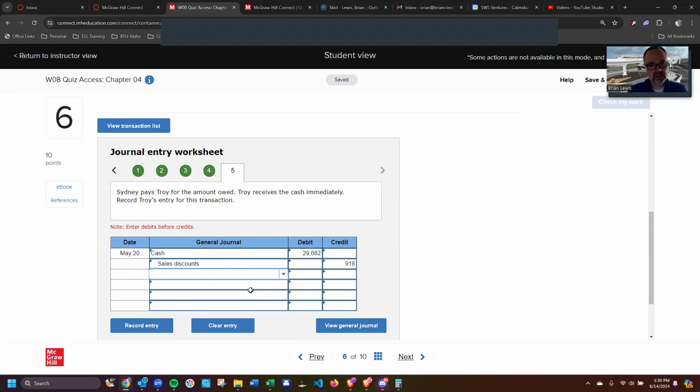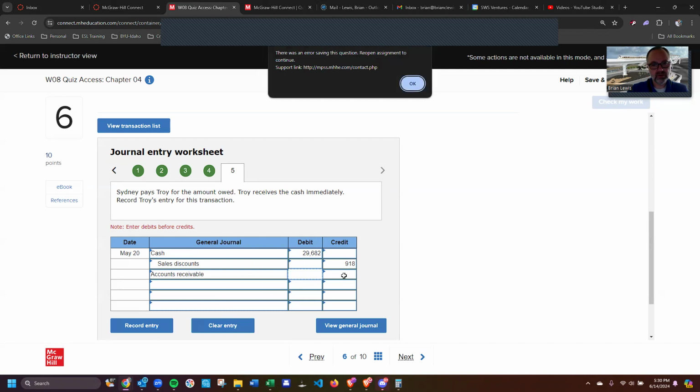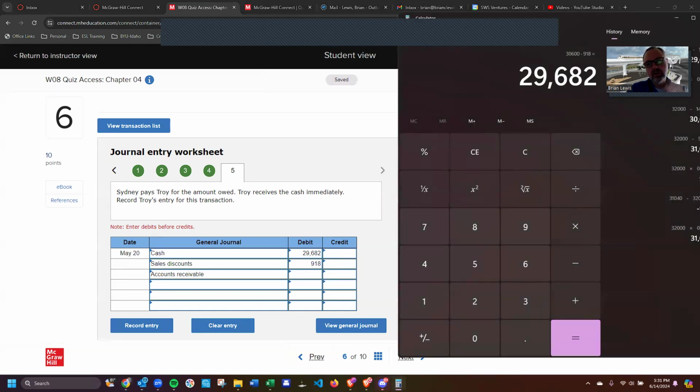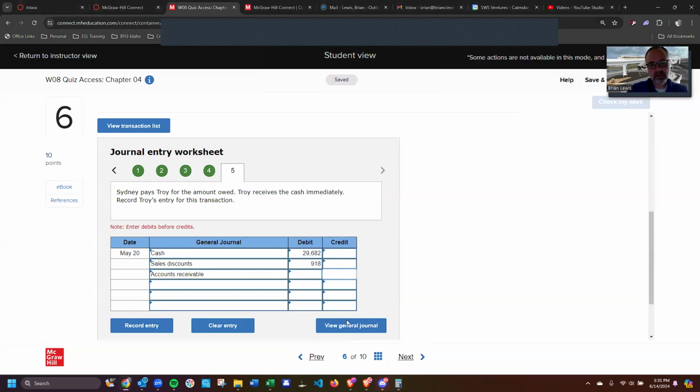And this one's going to be accounts receivable for the net amount. Hold on. This is going to be 918 here. And then this is going to be the 3,600. Okay, that should be it.